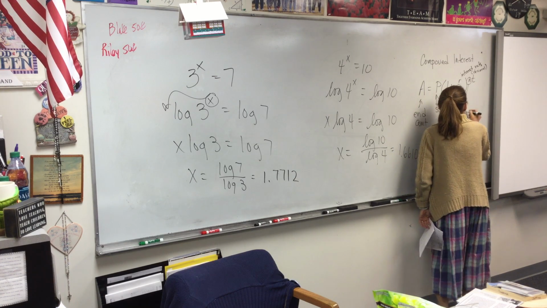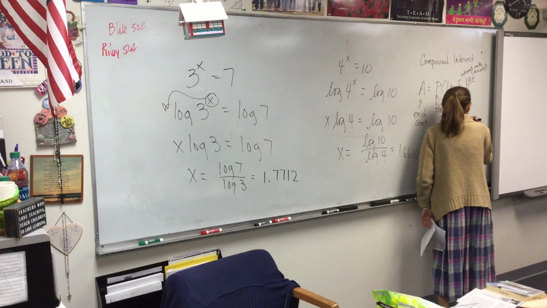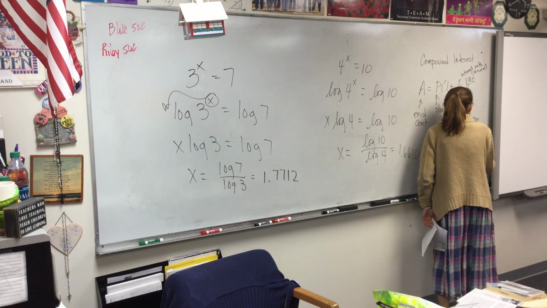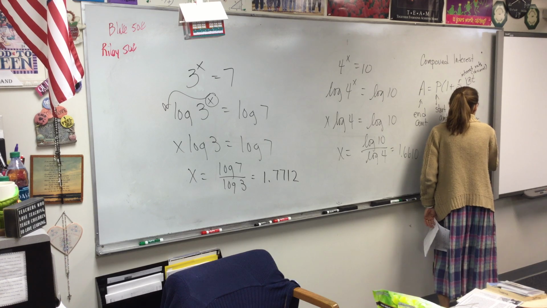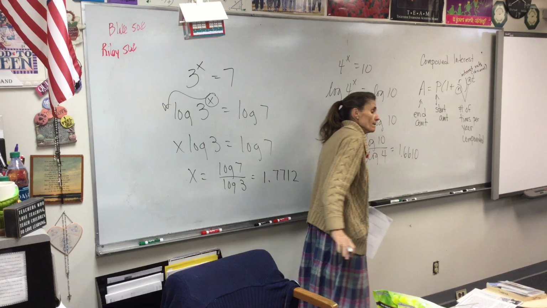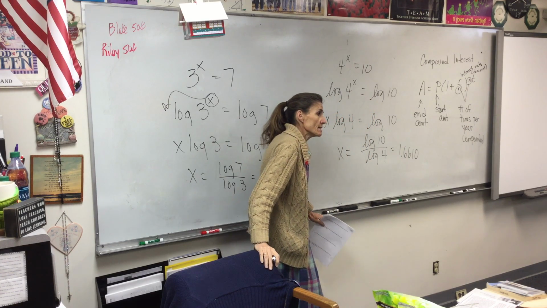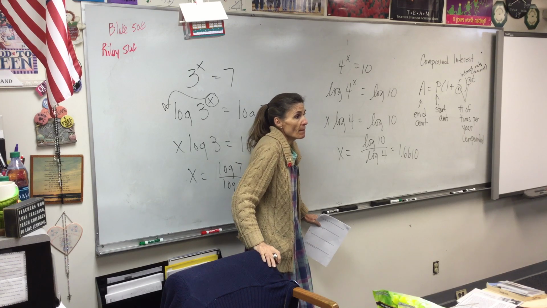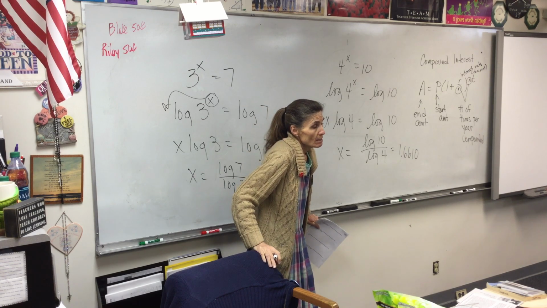N is the number of times per year that your interest is compounded. So for most of you, you get monthly statements. Your interest is compounded monthly.